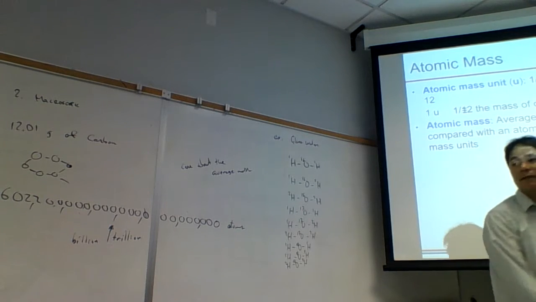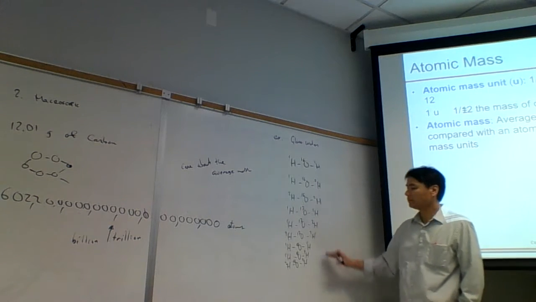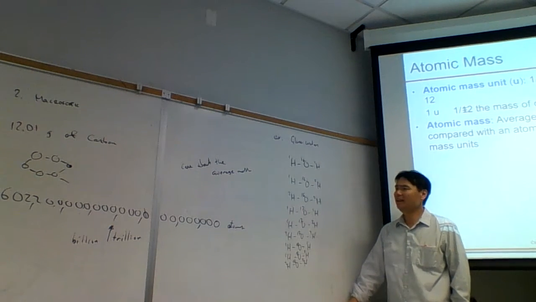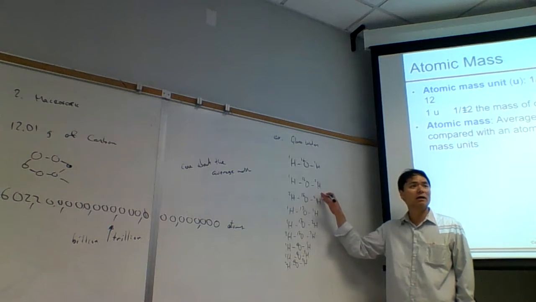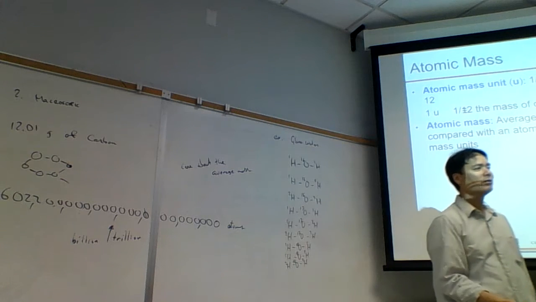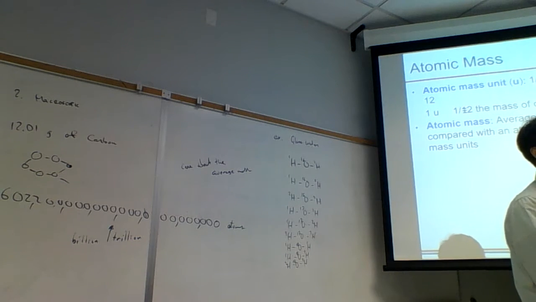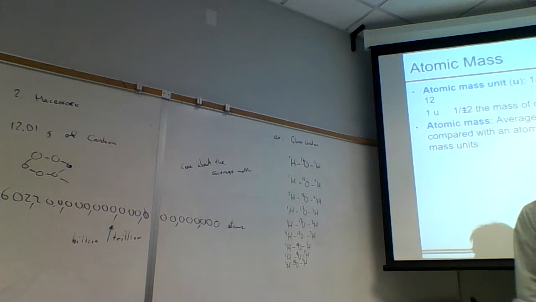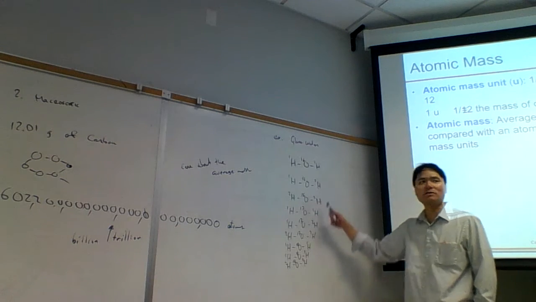But anyway, going back to this. The chemists that are working with individual particles, they care, because they take one water molecule out of that sample. Let's say they have 250 grams of water. They take just one molecule out of that. They want to know which one they took, right? Because it makes a difference. It weighs different amounts. So you got to know which one of these you take.